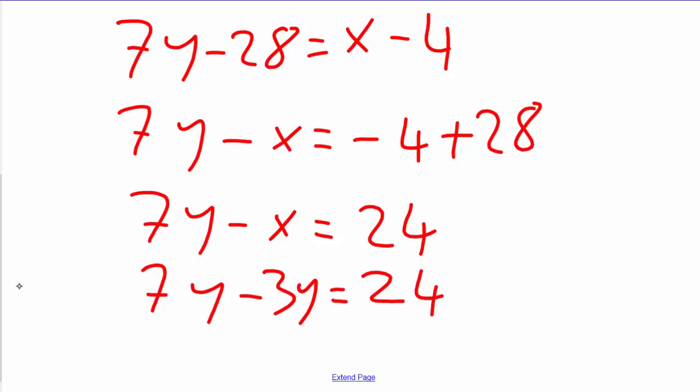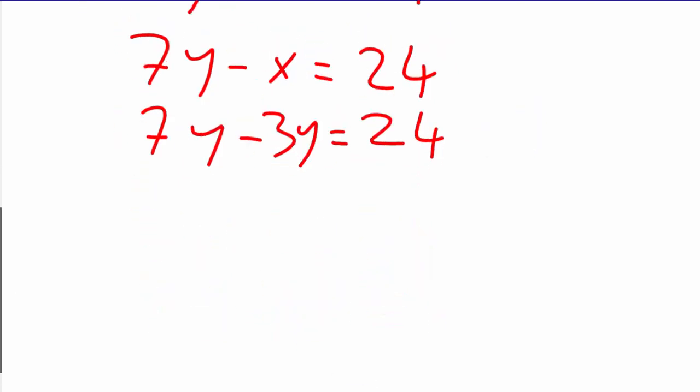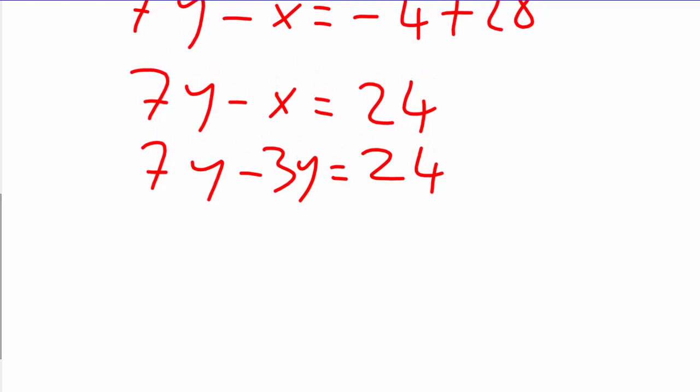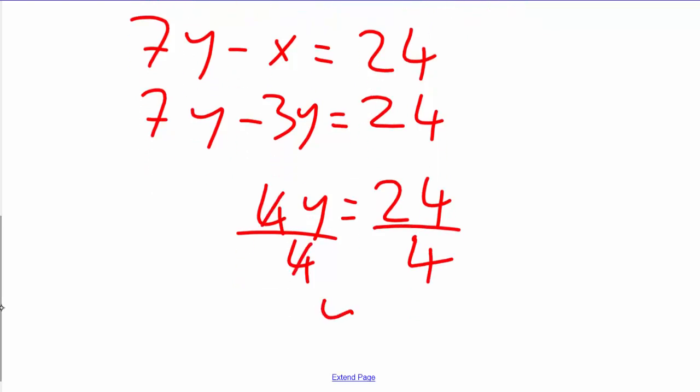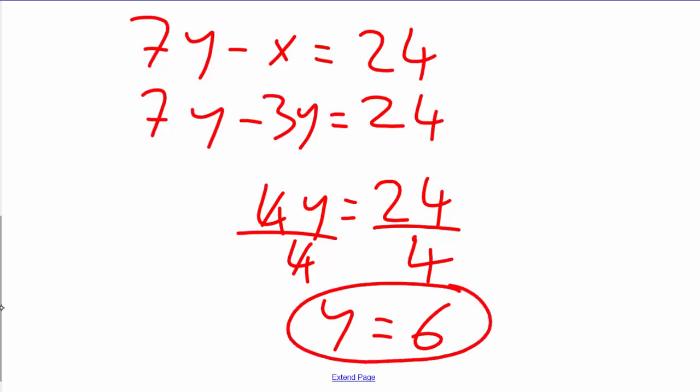That's the substitution method I am using here. It's easier for me. And what is 7y minus 3y? That is 4y equals 24. Divide by 4, divide by 4. y would be 6.